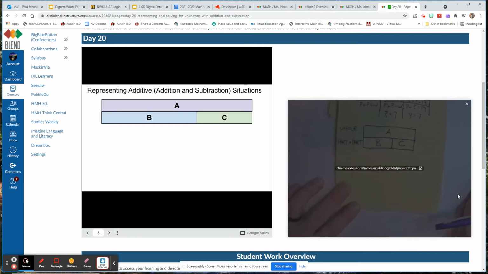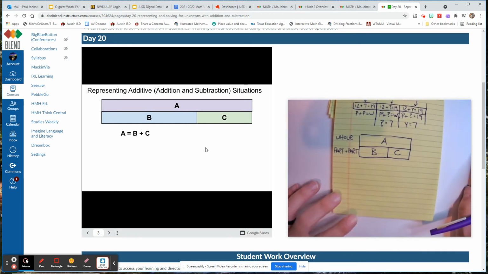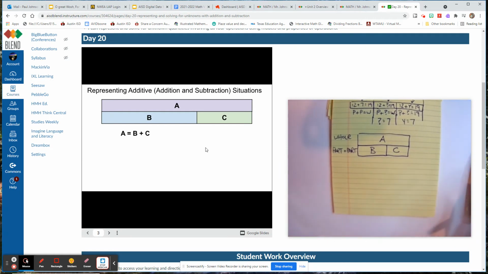What I mean by that is exactly what they're writing over here. A is the answer to B plus C, or B is the answer to A minus C, or C is the answer to A minus B.